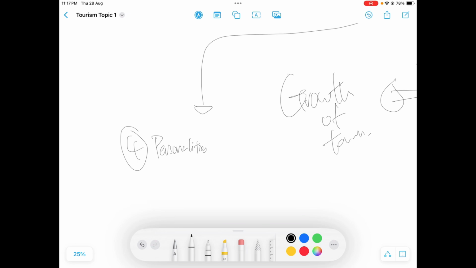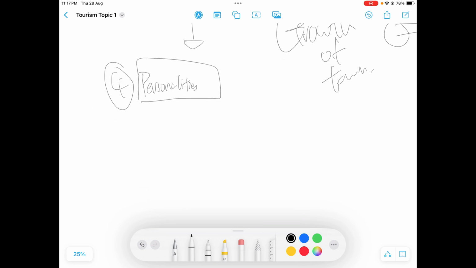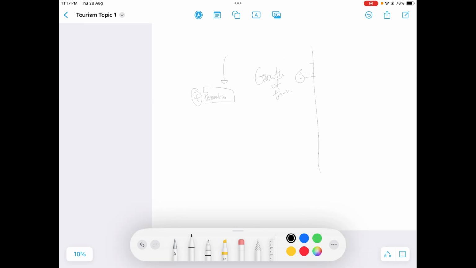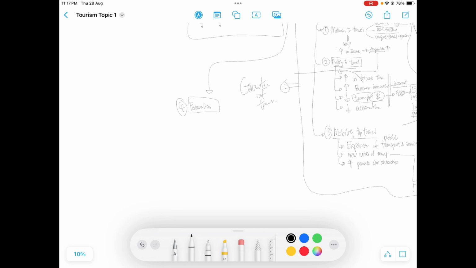This part is very related to motivation to travel, ability to travel, and mobility to travel. You can see that there are actually 2 types of tourists. One is the dependable, and the other is the venturer.